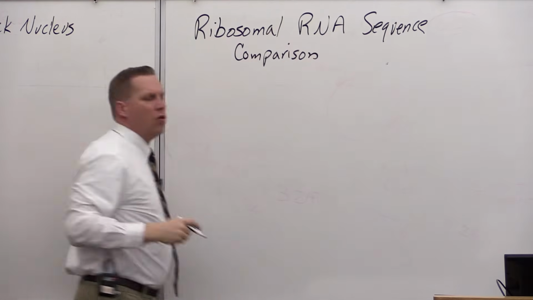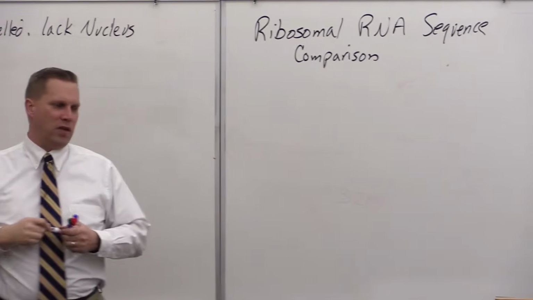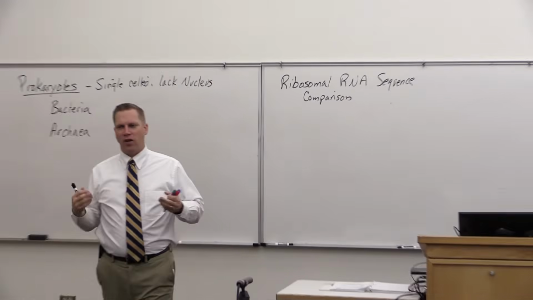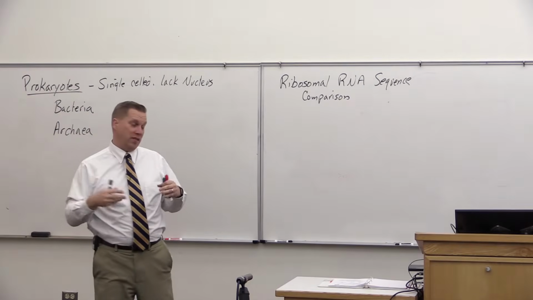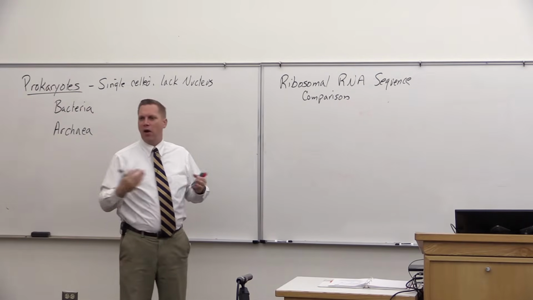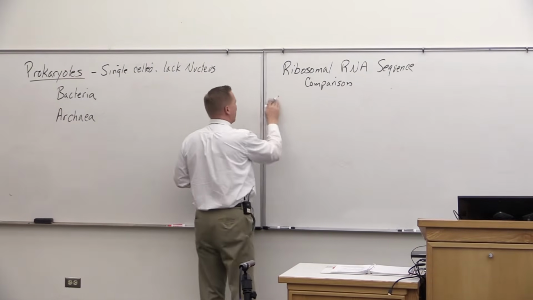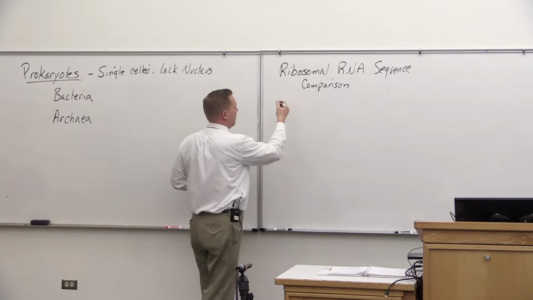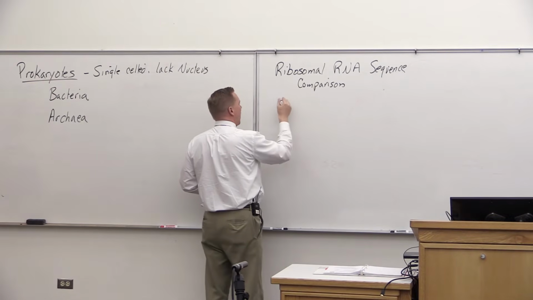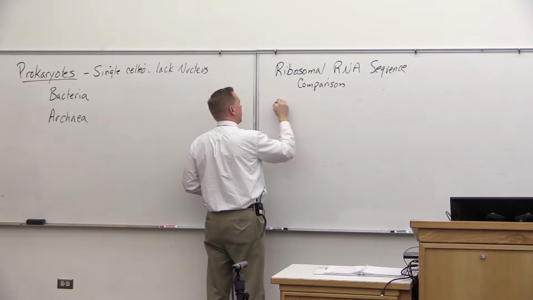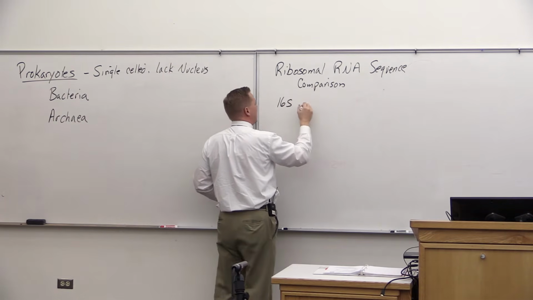And so we learned earlier about the ribosomes, that the ribosomes are made out of a combination of protein subunits and RNA molecules. And so one of the things that they started to do, there was a scientist by the name of Woese, and he started looking at 16S.